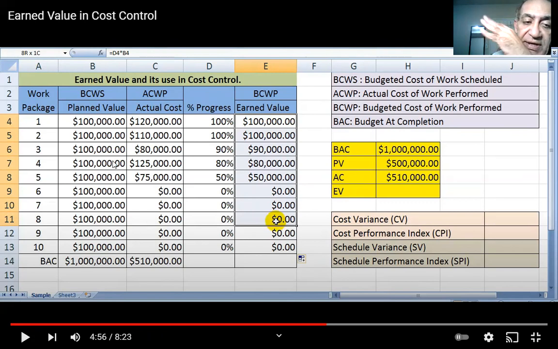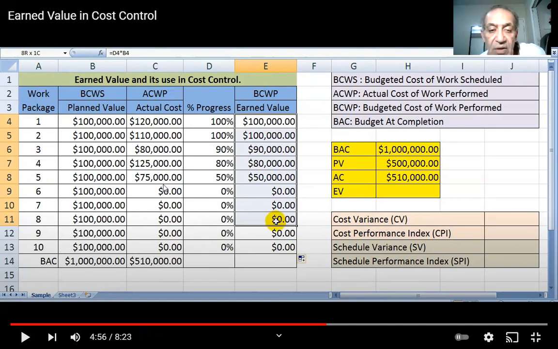It should cost 100,000, but the worth should be 80,000 because we did only 80%. Here 50%, we did only 50% of the total work. In these stages, we didn't come to it yet, for that reason the progress is 0% because we are calculating till the fifth phase or 5th month.